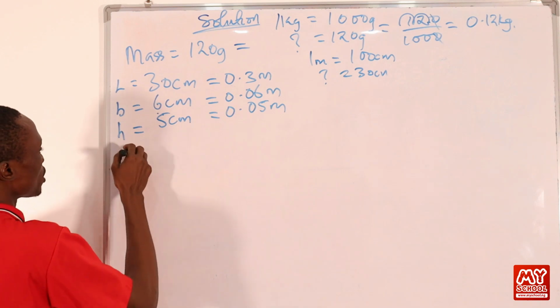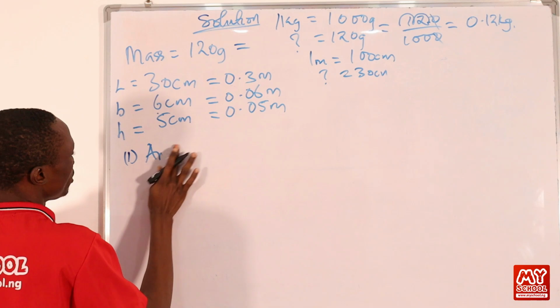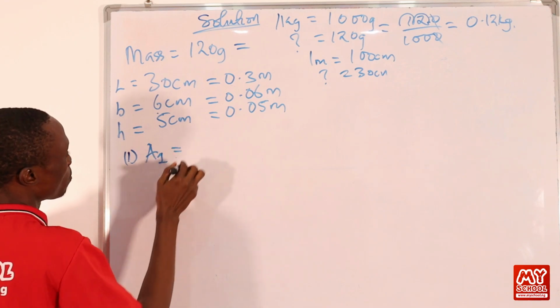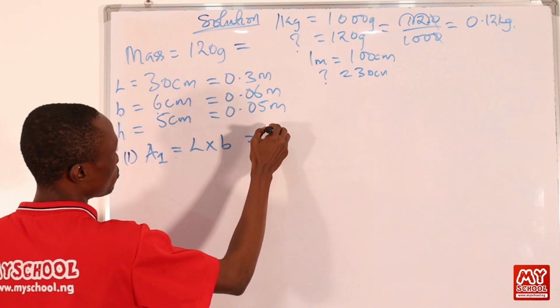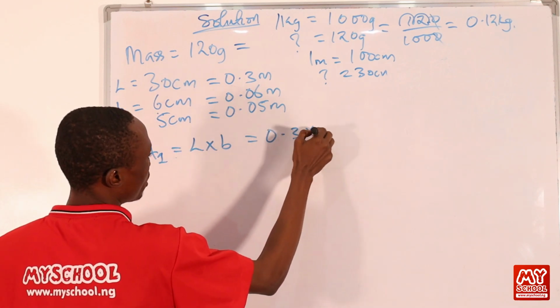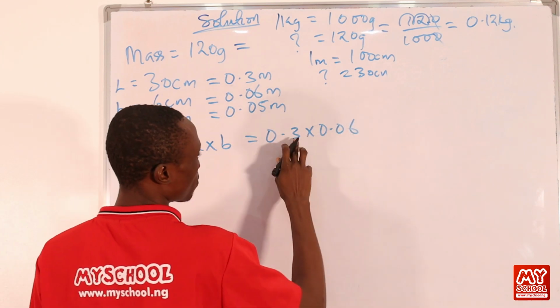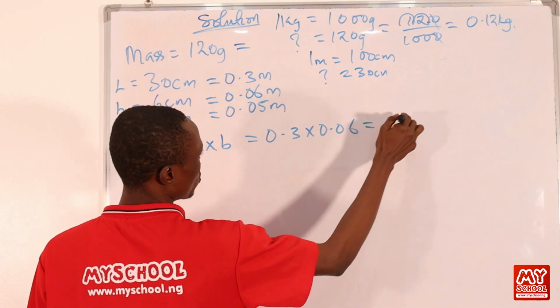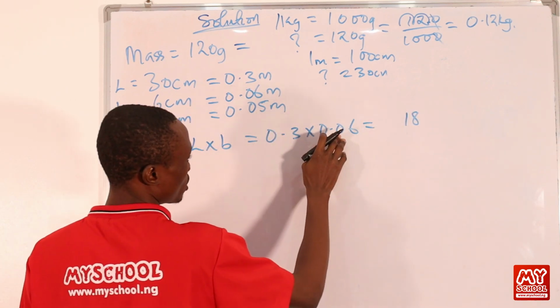Okay, so the first one will be length. So the first area, let's call it A1, will be equal to length times breadth, right? So in that case, we're having 0.3 times 0.06. If we multiply 3 and 6, that will be equal to 18, right? But this is to 1 decimal place and this is to 2 decimal places.